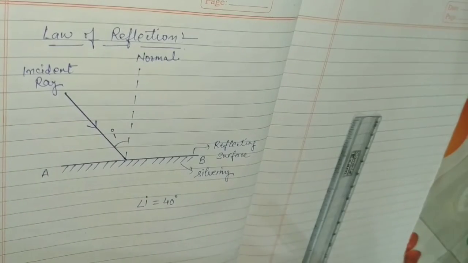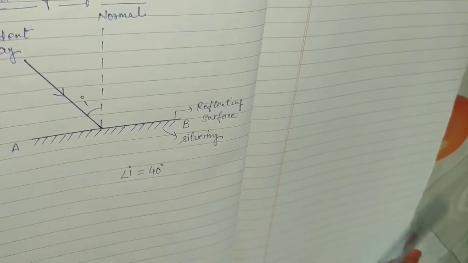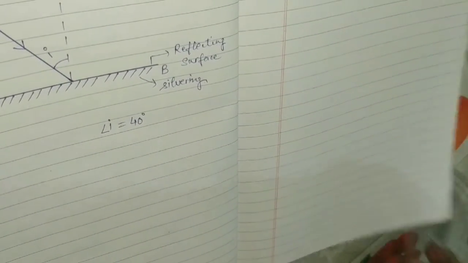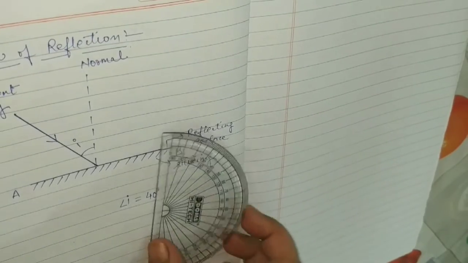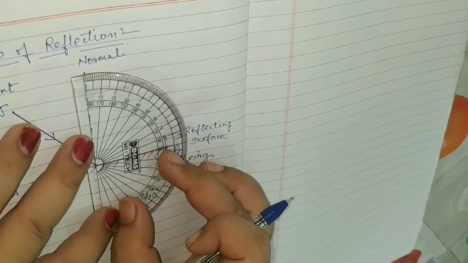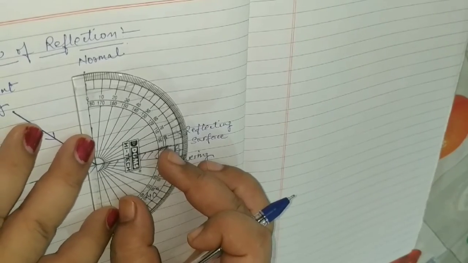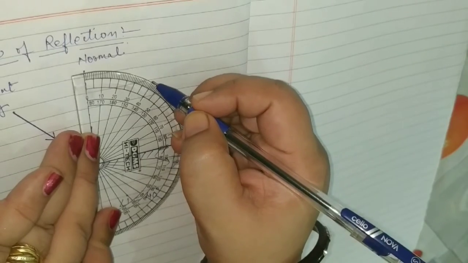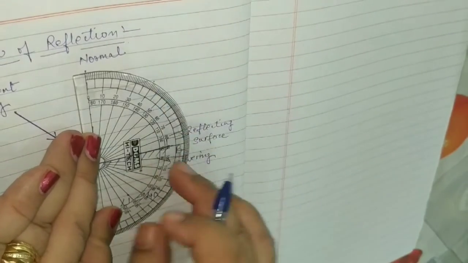Now, as the law of reflection says that the angle of incidence is equal to the angle of reflection, we have to draw the angle of reflection. Again I'll put the protractor like this and I'll draw 40 degrees from the normal. Please keep in mind, 40 degrees from the normal.